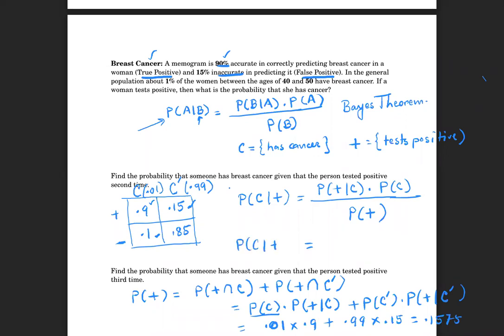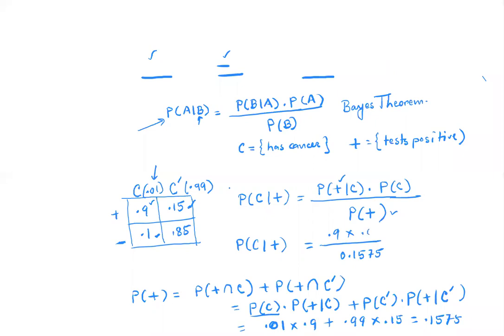So the probability that someone has cancer, given that the person tests positive, is this. We plug in this number, 0.1575, and then probability of positive given cancer, which is 0.9. If you test positive given that you have cancer, that chance is 90%, or 0.9, times the probability of having cancer in the population, 0.01.